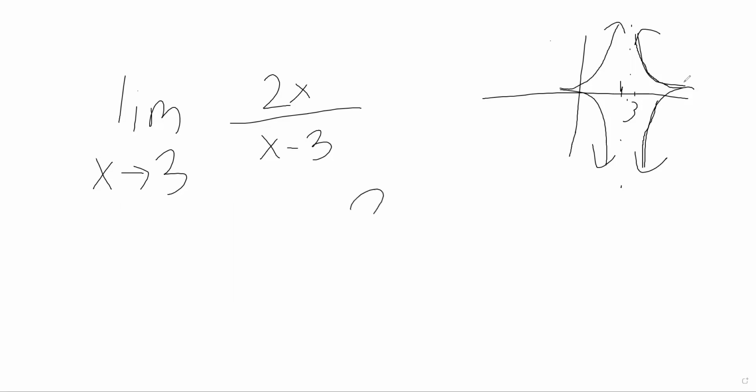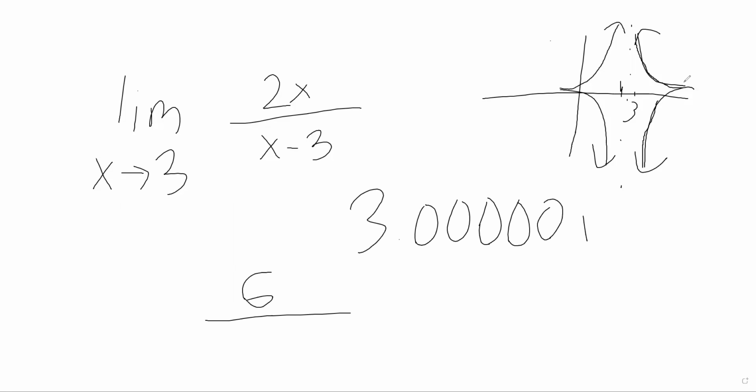Let's say it's 3.000001. We'll plug that in. 2 times 3.000001 is going to be about 6. And then 3.000001 minus 3 is going to be 0.000000 whatever, 1.